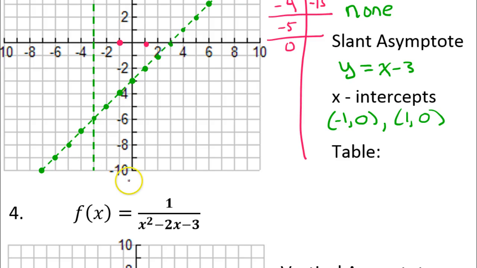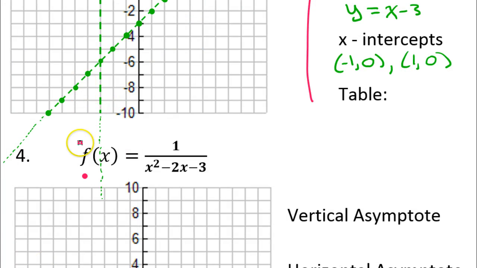I feel like none of this is going to fit, so I might have to stretch these lines out a little bit further and estimate. Here's my estimate for negative 4, negative 15.